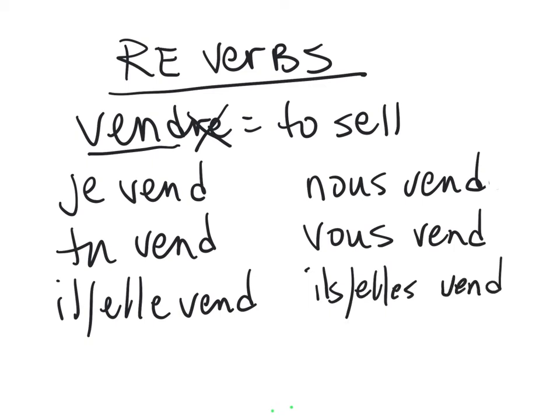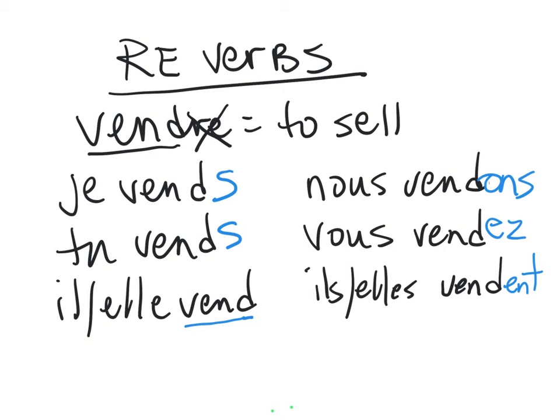And then my endings for RE are S, S, and nothing. We put nothing here. It's just the stem. Then ONS, EZ, ENT. So that's I sell, you sell, he, she sells, we sell, you sell, they sell.